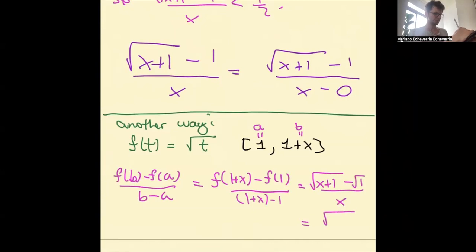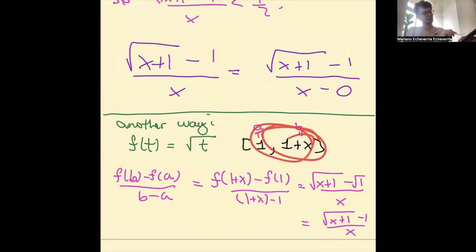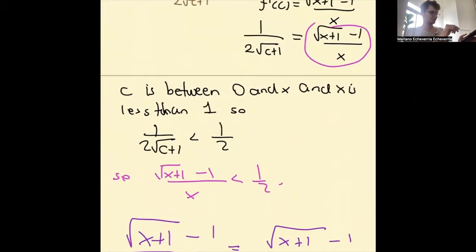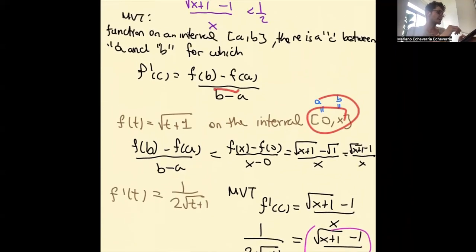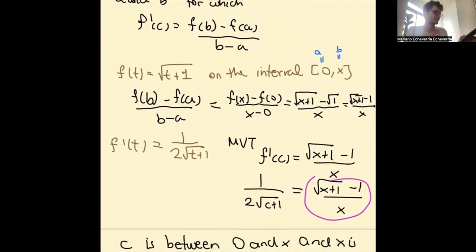So it's not that the only choice had to be the interval 0 to x. Another choice would have been the interval 1 to 1 plus x. The important thing was that the length of this interval continues to be x, because in the mean value theorem, what you get is the length of the interval, right?